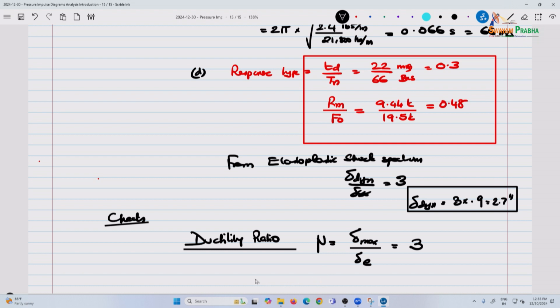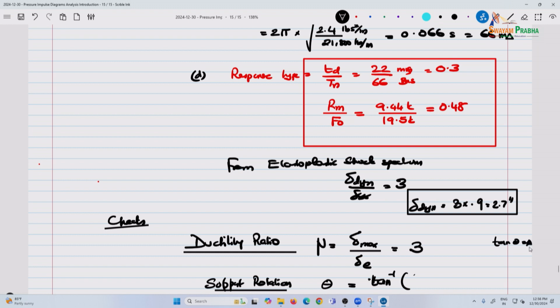And the support rotation we can check against the LOPs. I think I'll bring that chart tomorrow. I've shown it way back, but theta is equal to tan inverse 2 delta by L, where tan theta is delta by L over 2, and this is delta dynamic.